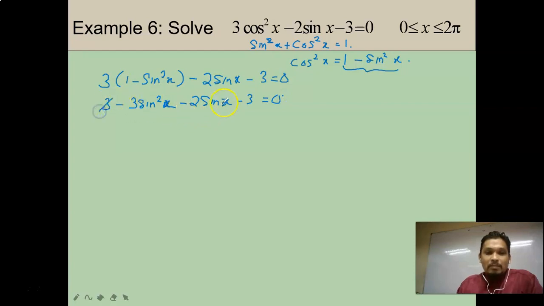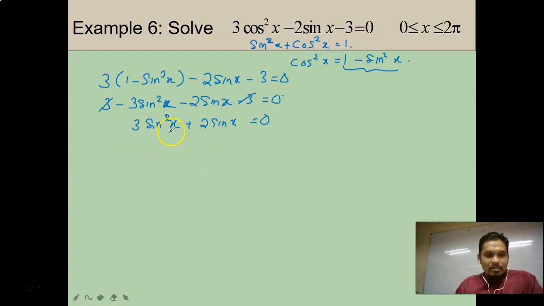So 3 minus 3 equals 0. What's left here is negative 3 sine square x minus 2 sine x. Multiply with negative 1 left and right, and everything becomes positive: 3 sine square x plus 2 sine x equals 0.